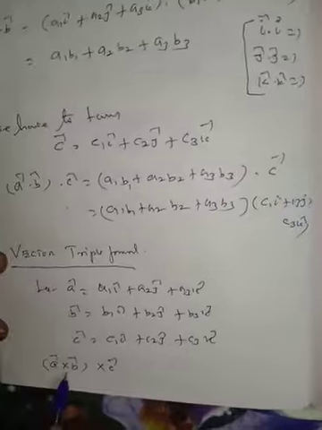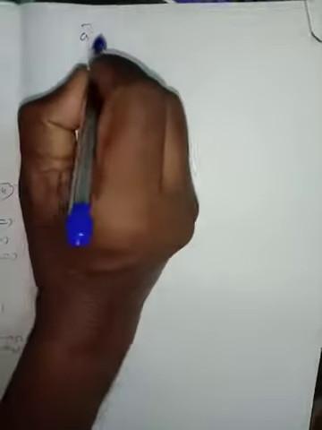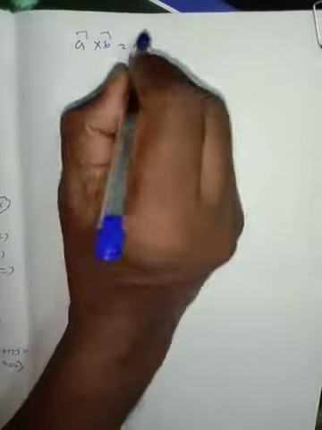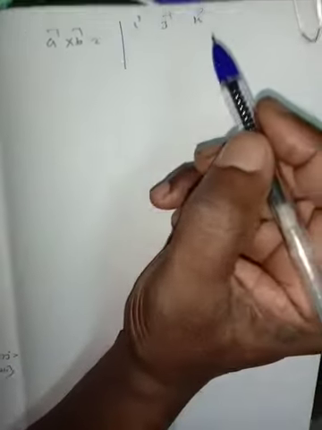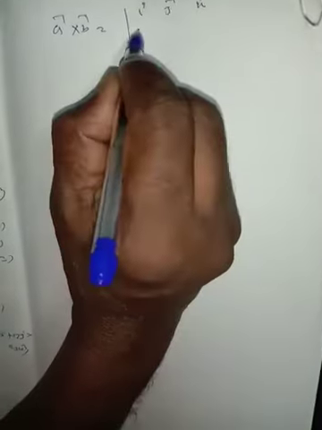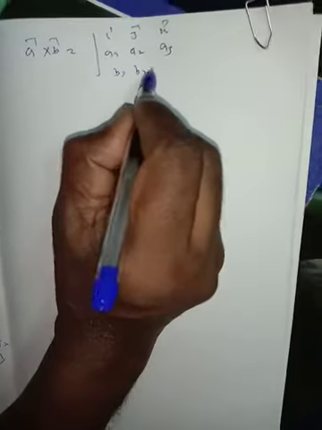First find a cross b. a vector cross b vector is equal to the determinant with i vector, j vector, k vector, then a1 a2 a3, b1 b2 b3.